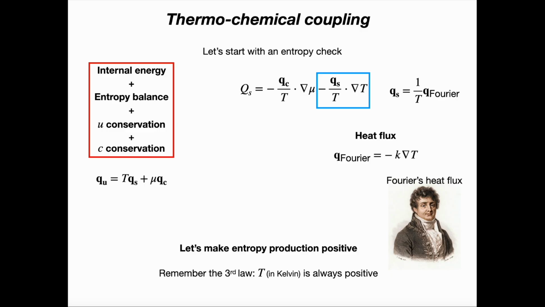First, let's suggest that the entropy flux is proportional to Fourier heat flux. It's 1 over T times Fourier flux. So Fourier's flux is minus K gradient T, and obviously if we inject Qs as 1 over T times minus K gradient T in this expression, we will generate a positive term because the minus sign will cancel out, and the occurrence of gradient T times gradient T will produce gradient T square.